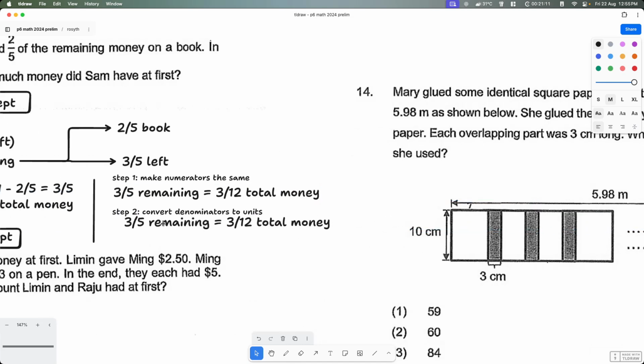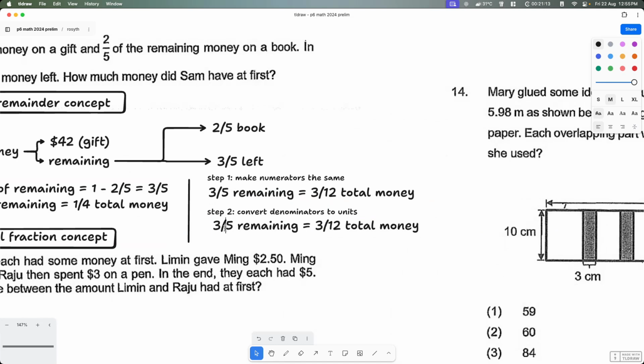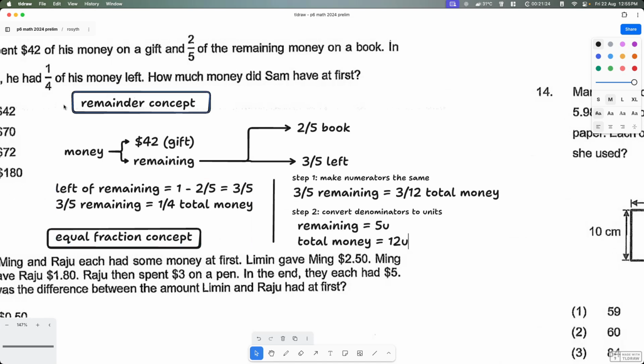That means the remaining over here is 5. So I'm just going to put here remaining is equal to 5 units, and then total money is equal to 12 units. All right, so with that said, I think it's easy to solve this. How much money did he have at first?